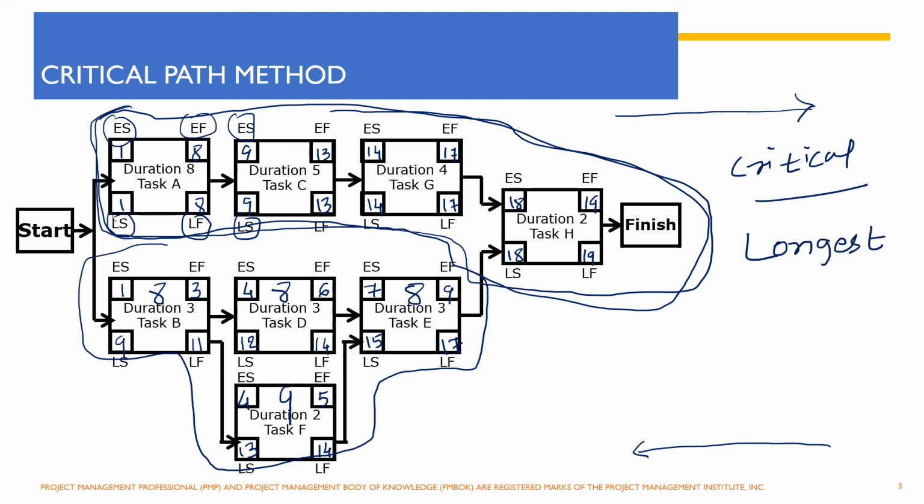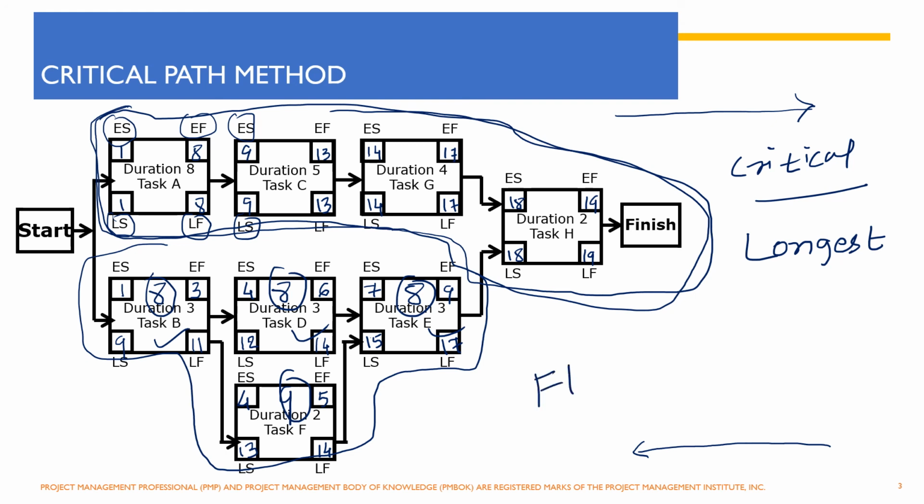So here A, C, G, H, that is our critical path, but on other activities, activity B, D, E and F, you do have some flexibility. So that is called as float. So you do have float of 8 days on activity B, D and E, and float of 9 days on activity F.